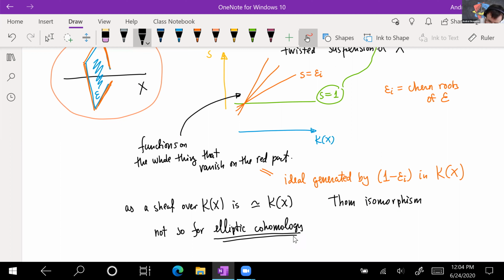So in elliptic homology, again, what's it going to be? Imagine each one of us an elliptic curve, and I'm asking for functions on the union of elliptic curves that vanish on this red part. So I'd be saying I want some ideal sheaf on the elliptic curve, an ideal sheaf of some finite scheme that is not the structure sheaf. Right? That's the whole point.